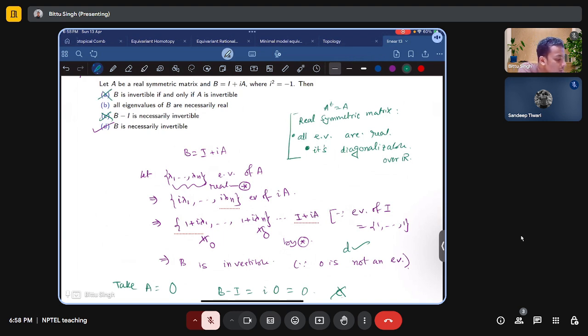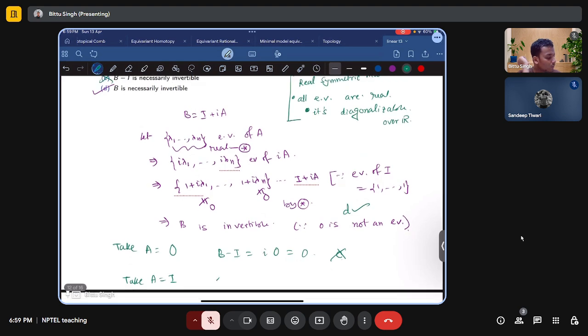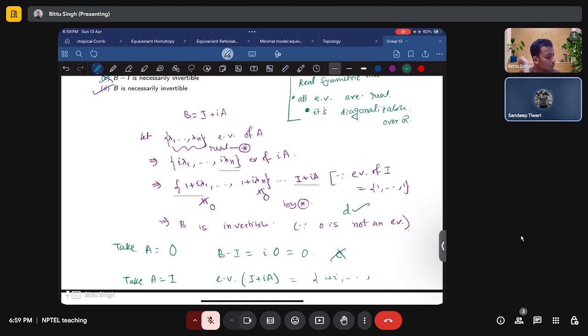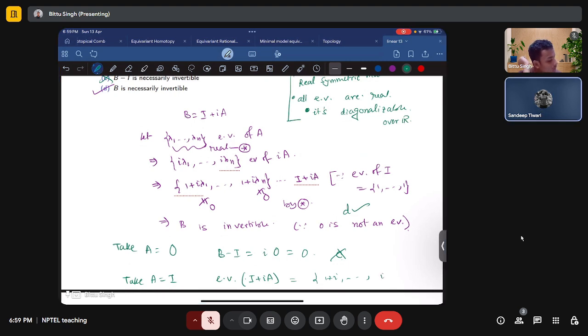All eigenvalues of B are necessarily real? It may not hold. For example, take A equal to identity. Then what will be the eigenvalues of I plus iI?